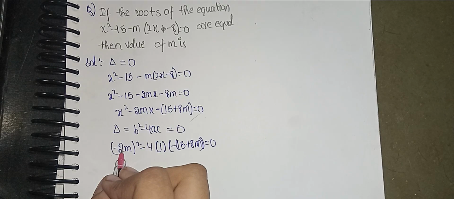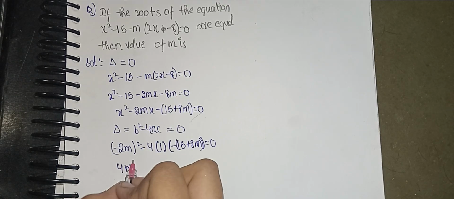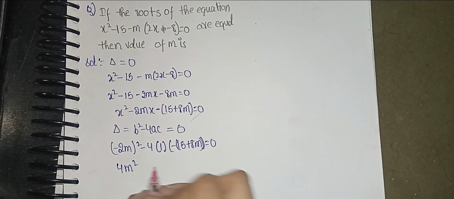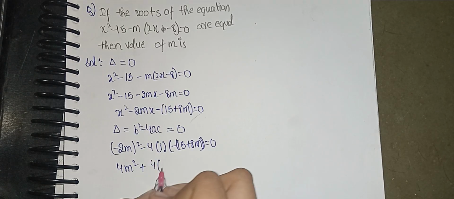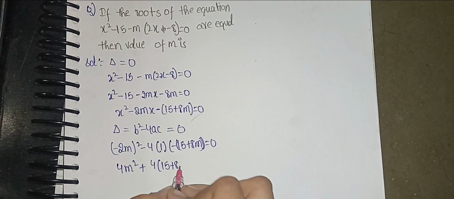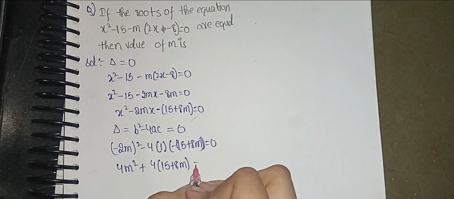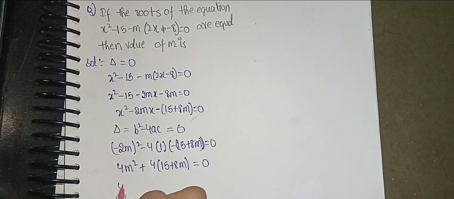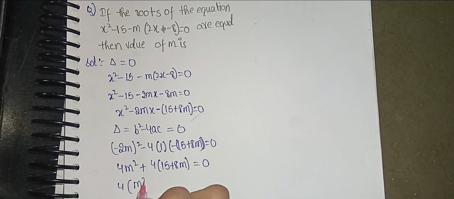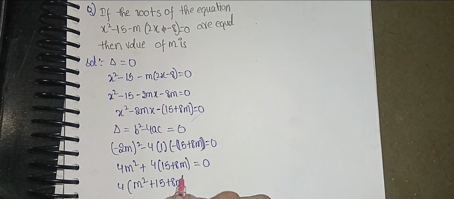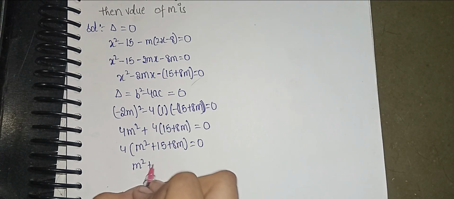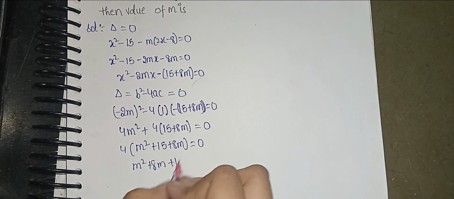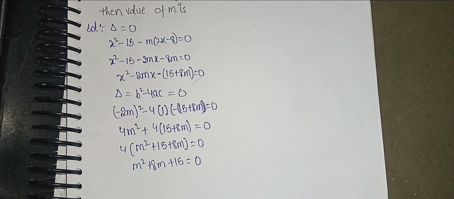Here 4m square, minus minus will cancel, plus 4 into 15 plus 8m is equal to 0. If we take 4 common, m square plus 15 plus 8m is equal to 0. Means m square plus 8m plus 15 is equal to 0.